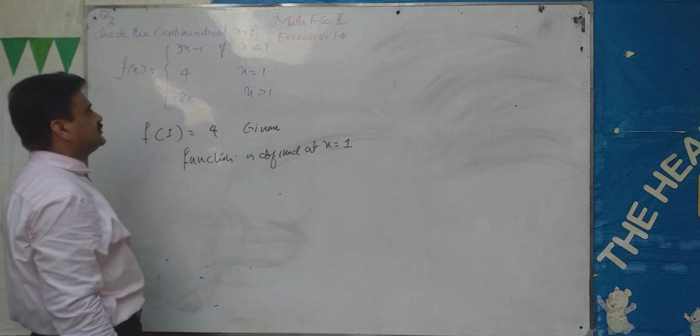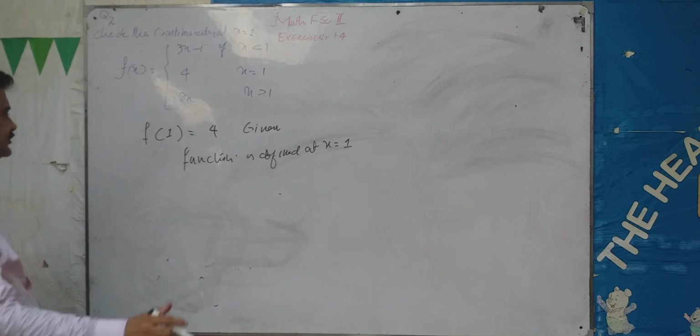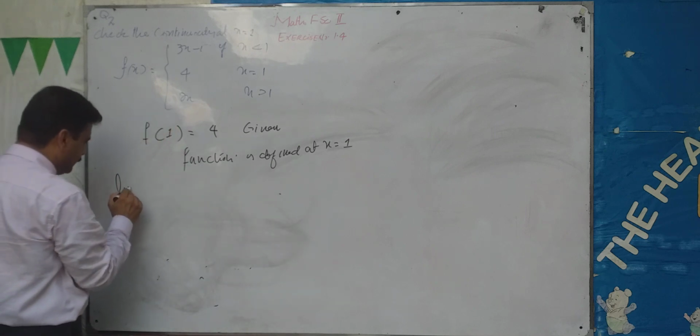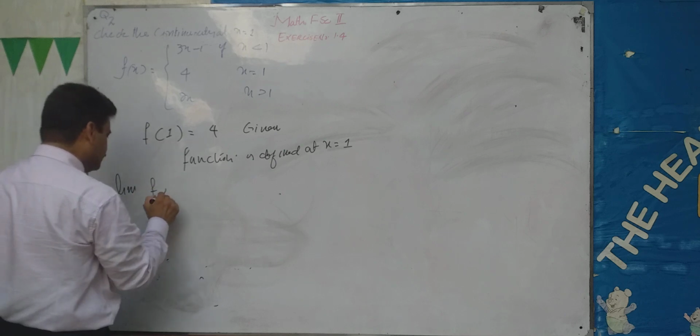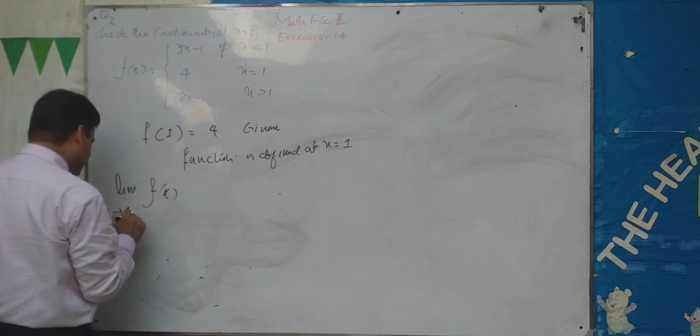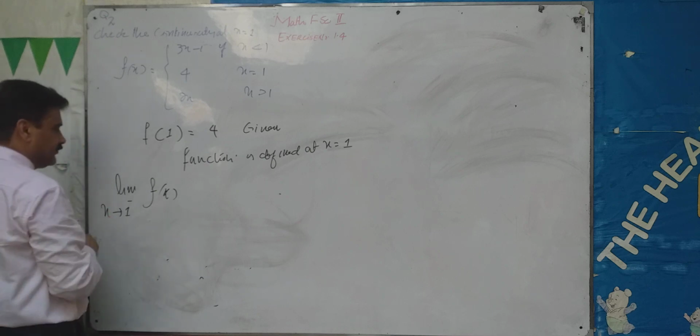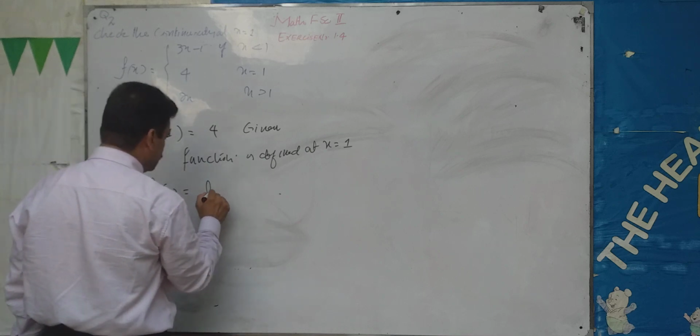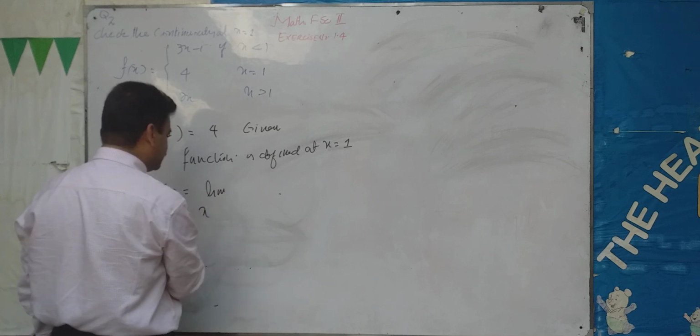We will find the limit, right hand limit and left hand limit. The limit of the function as x approaches 1: the left hand limit will be equal to the right hand limit if the function is continuous.